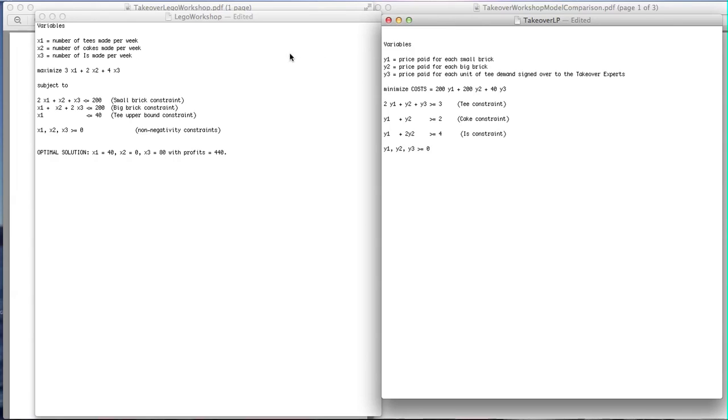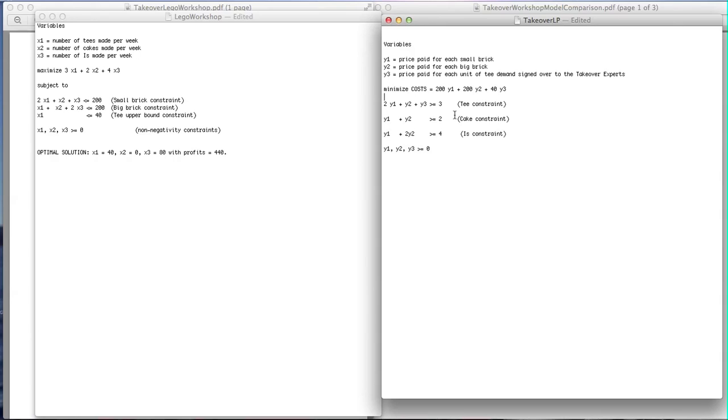If we look at the listed constraints, in particular the small brick, big brick, and T upper bound constraints in the Lego workshop problem, there are variables over in the takeover problem that are concerned with small bricks, big bricks, and T demand. And then if I think about the decision variables in the Lego workshop, I have decision variables associated with T's, cakes, and I's.